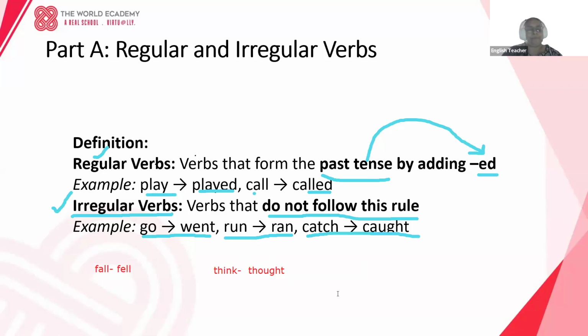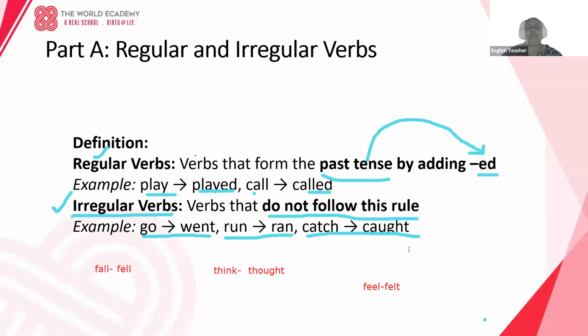Great. What else? Feel. Okay, let's take one more example. Feel. I felt very happy yesterday when India won the match.